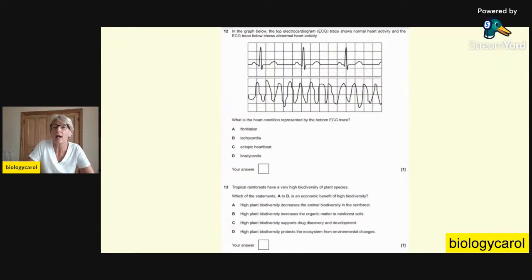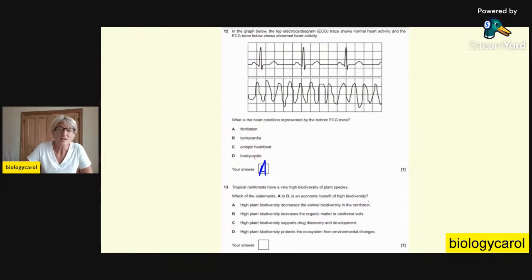Tachycardia is when you have more of them. An ectopic heartbeat is when you have extras of them, and bradycardia is when you have less of them. So out of these four, I did choose fibrillation, because each individual heartbeat trace is basically going all over the place.